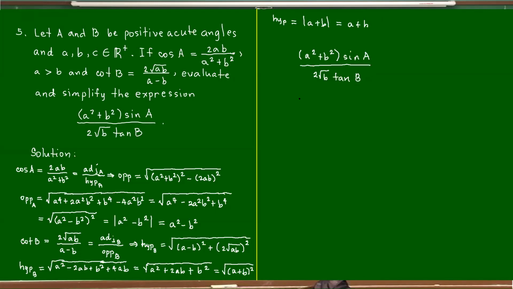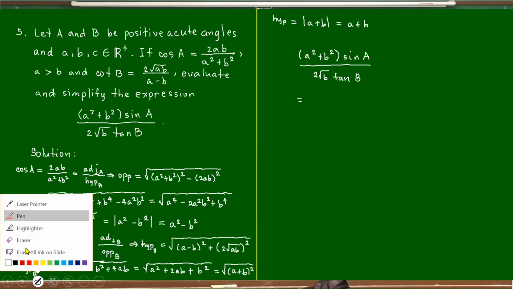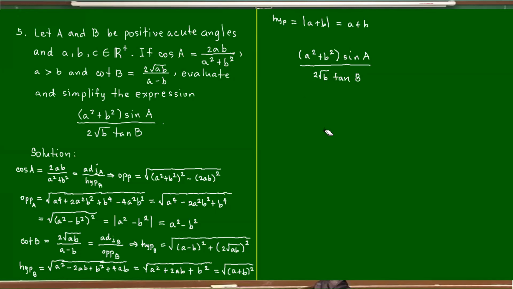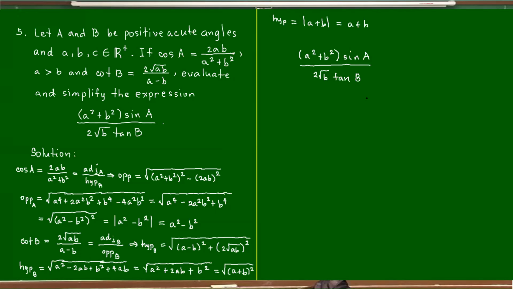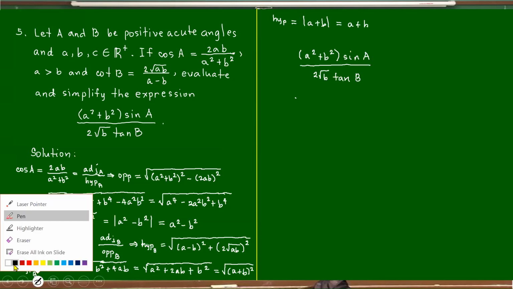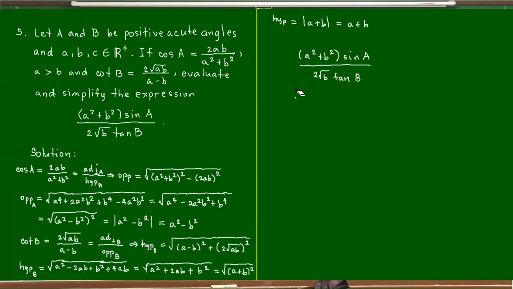And this is equal to, what is sine A? What is sine A, guys?